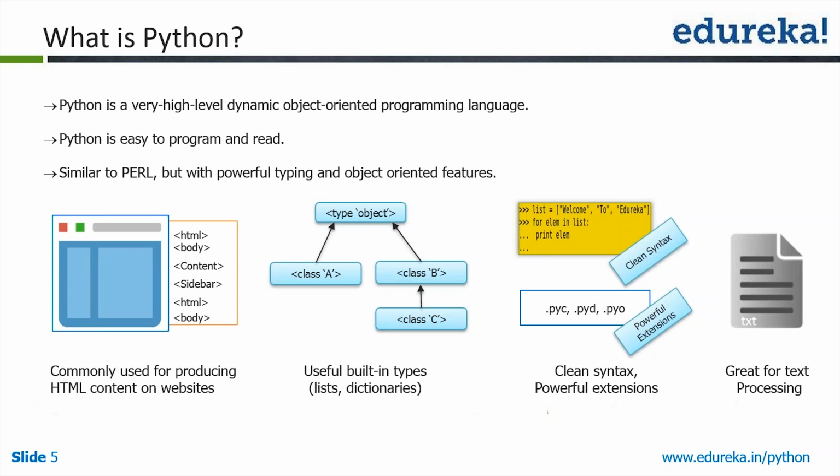Python programming is quite similar to Perl. Perl is another popular scripting language, but Python has much more powerful typing and object-oriented features.